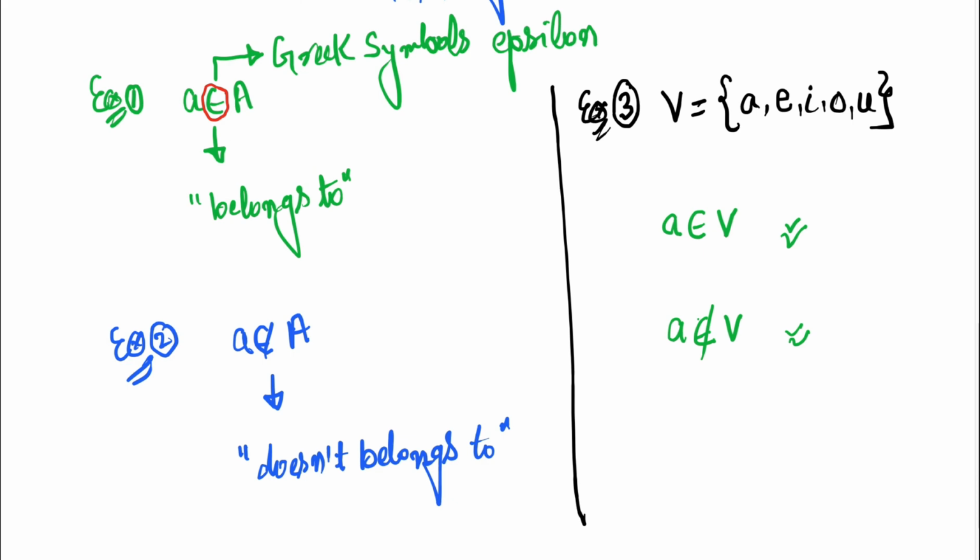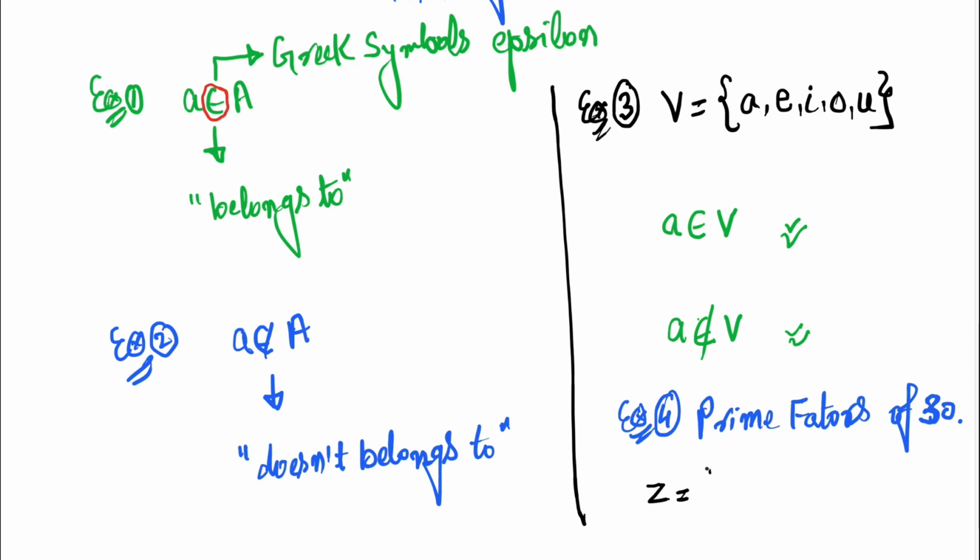One more example, example 4: prime factors of 30. Suppose I take the set as Z, and inside it, we know the prime factors of 30 are 2, 3, 5.